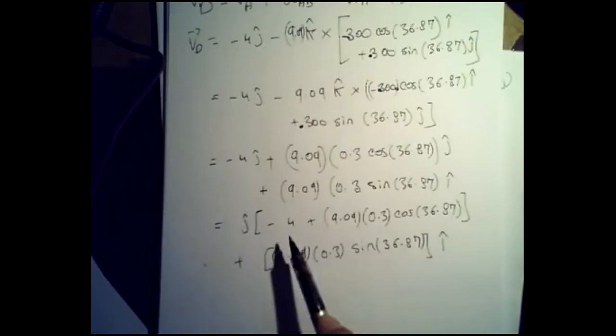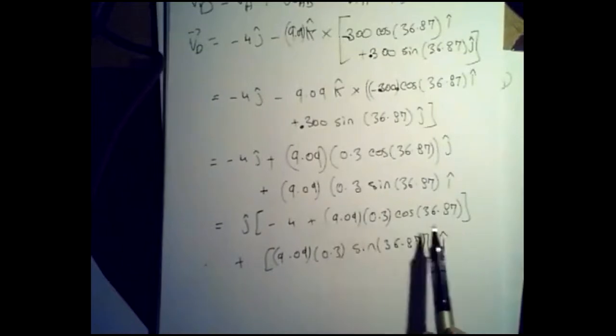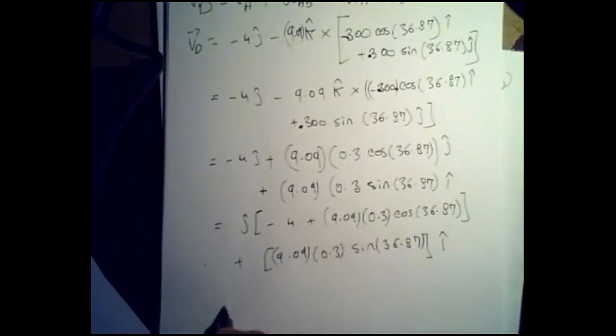I'm going to quickly do this for you now, and end up with minus 4 plus 9.09 times 0.3 times, it is minus 1.81. I got minus 1.6 on the J. How much did you get? Minus 1.81.